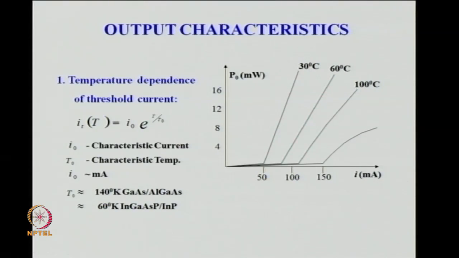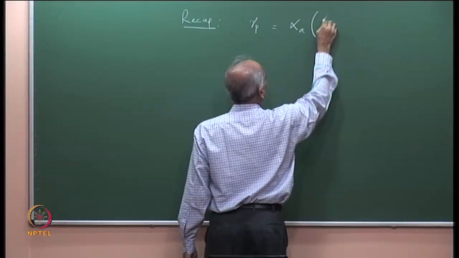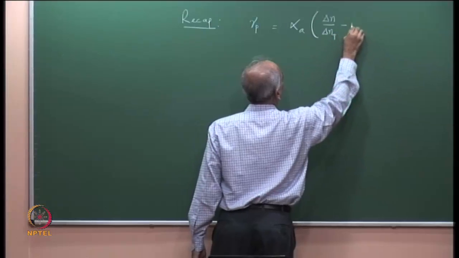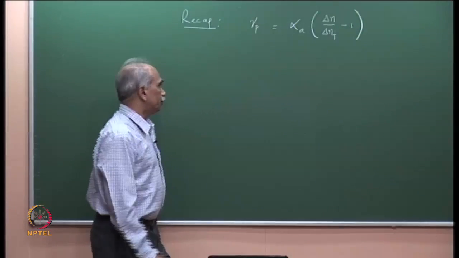Just a recap: we had an expression for peak gain coefficient, gamma p is equal to alpha a into delta n by delta n t minus 1. All the parameters we know.